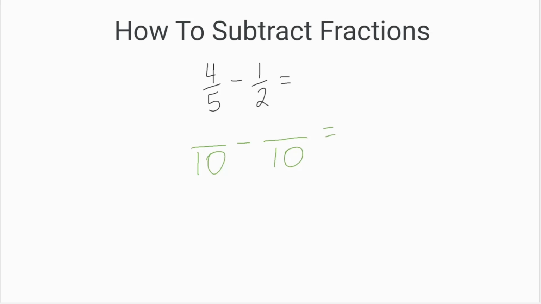We then went ahead and found our new numerators. 4 over 5 became 8 over 10, and 1 over 2 became 5 over 10. This is when we're allowed to subtract. 8 minus 5 gives me 3, and we keep the denominator the same. There's our final answer, 3/10.